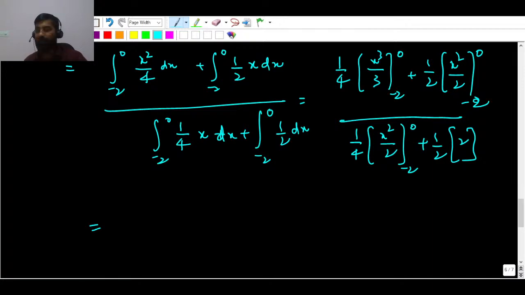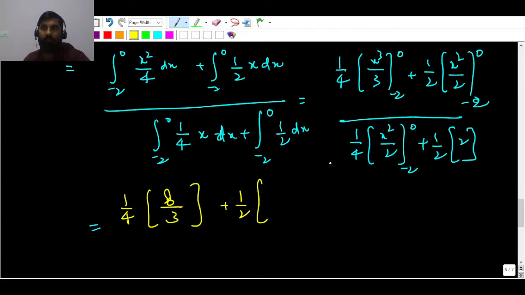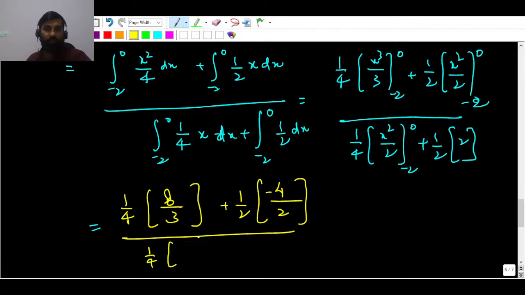So I think 1 by 4, this is basically 8 by 3, because of minus 2 if you compute over there, and then divided by 1 by 4.